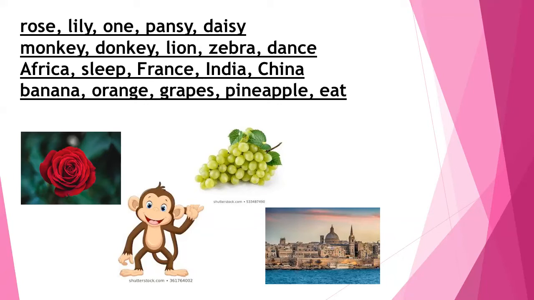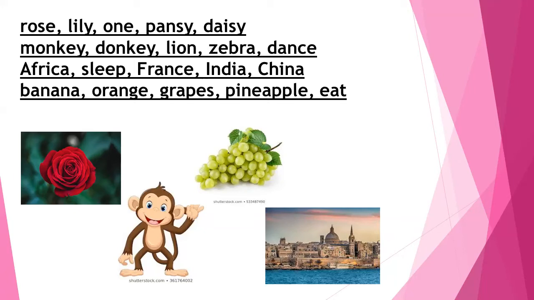The next one, you have been given some animals' names. Names like monkey, donkey, lion, zebra, dance. Which one is not a noun here? Tell me. Yes, dance. Dance is not a noun here.